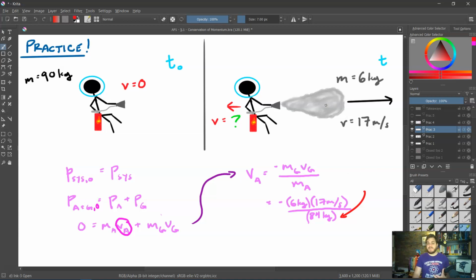When you shoot 6 kilograms out, we have to remove 6 kilograms from what was the mass of the system. So now we are left only with 84 kilograms being the mass of the astronaut and the extinguisher, without the gases. Go ahead and plug that in our calculator, and we get negative 1.21 meters per second for this velocity, or 1.21 meters per second, we could say, to the left.